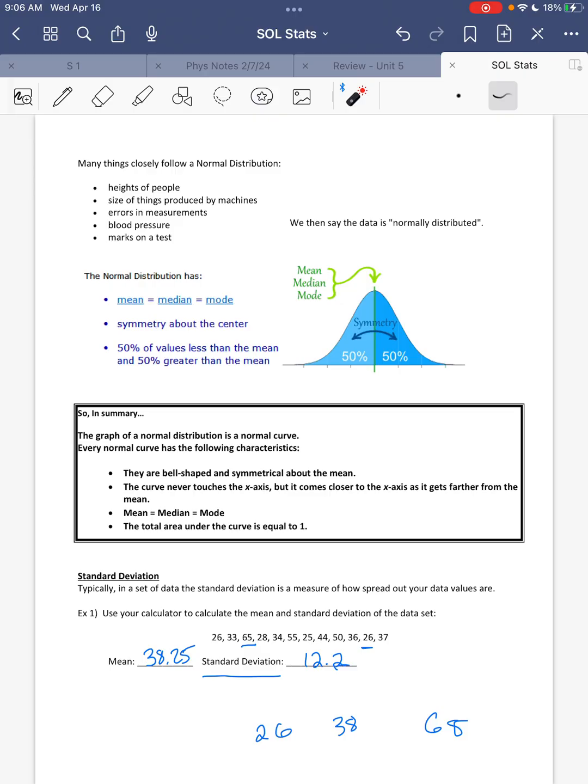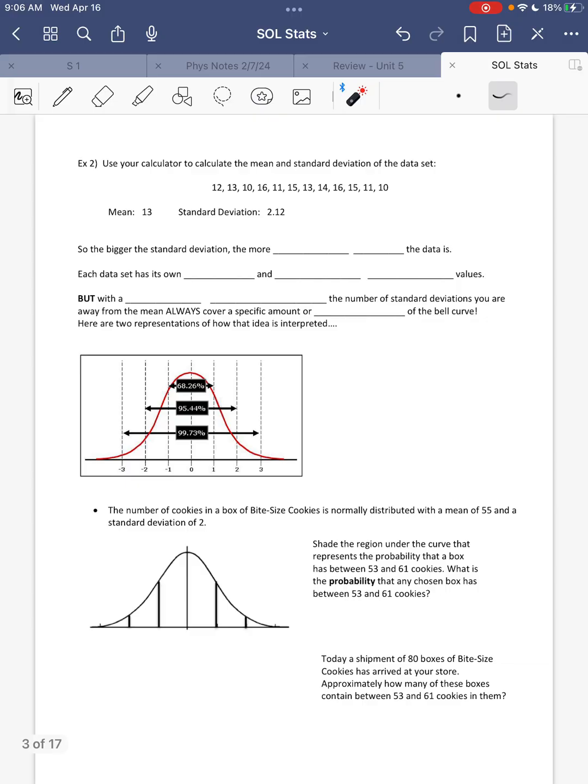It basically takes each data point and subtracts it from the mean, and then you take the average of all those deviations, all right? So the bigger the standard deviation, the more spread out the data is. Each data set has its own mean and standard deviation values, all right?